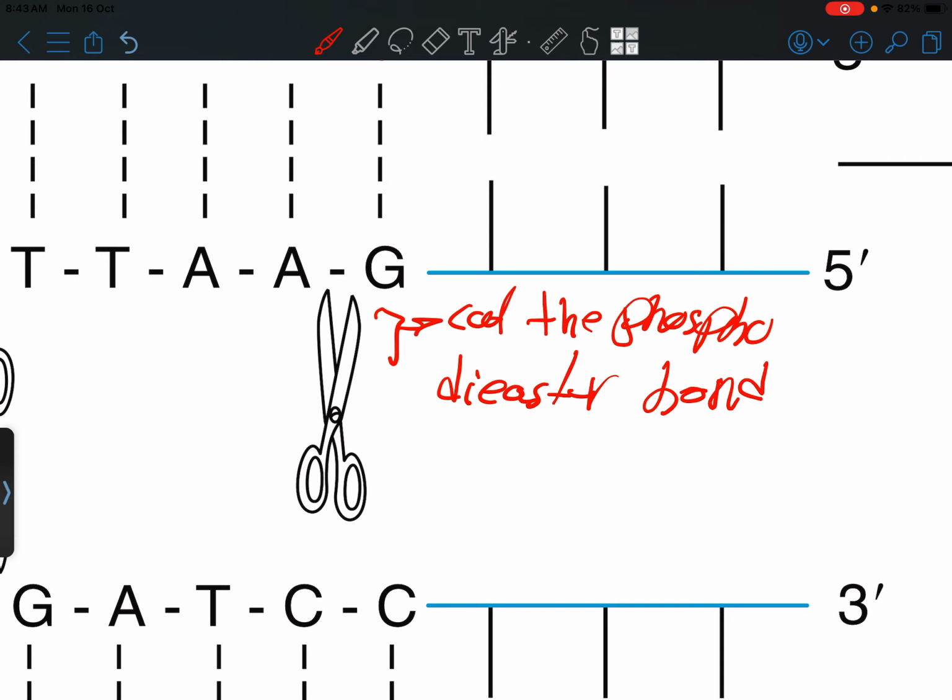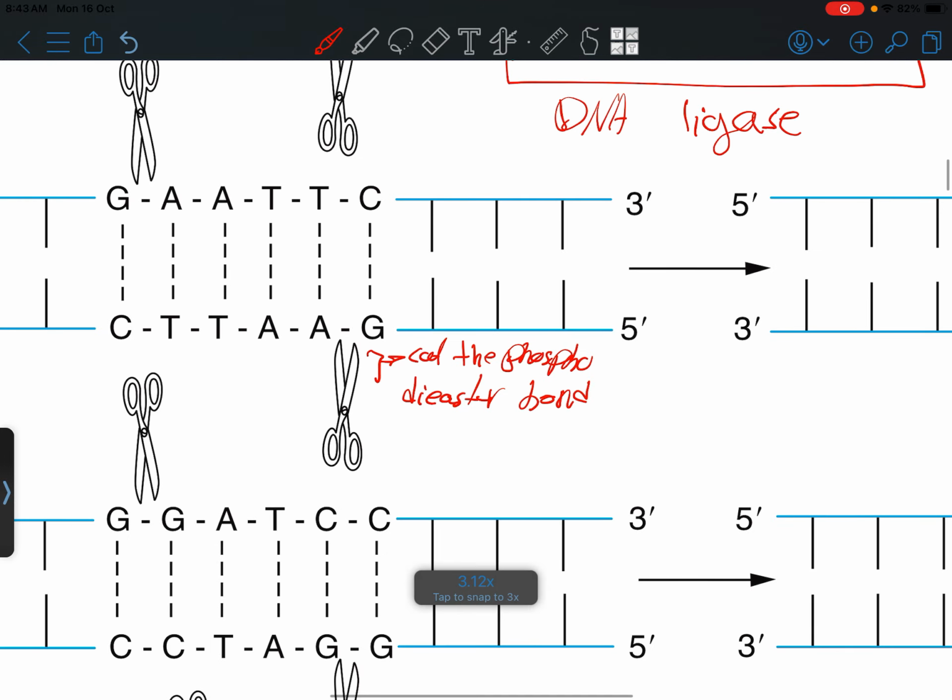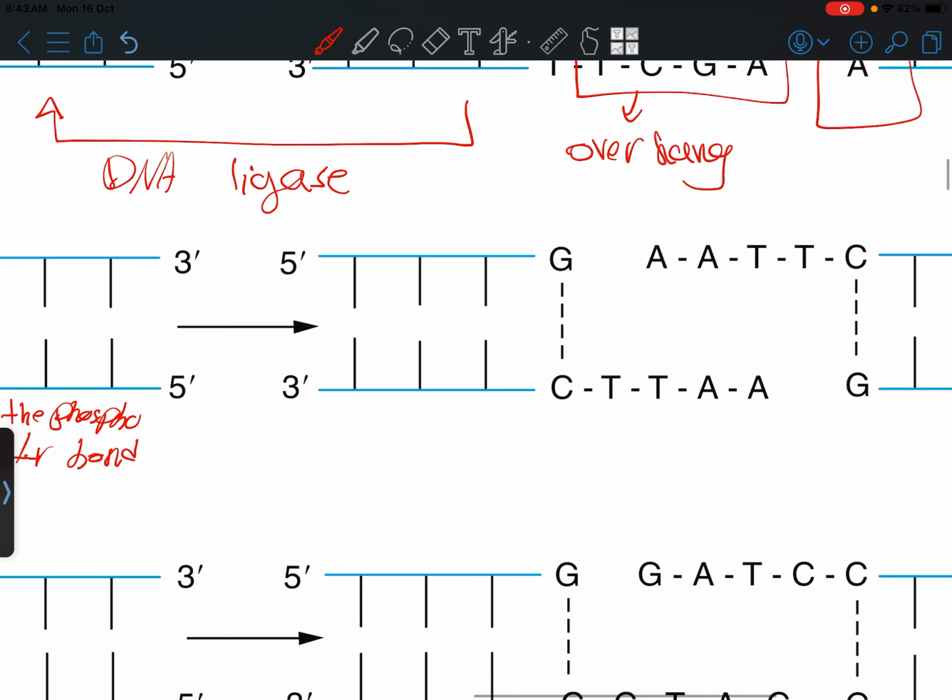Hydrogen bonds. So we have two hydrogen bonds, two hydrogen bonds, two hydrogen bonds, two hydrogen bonds. So basically the overhangs are complementary to each other.